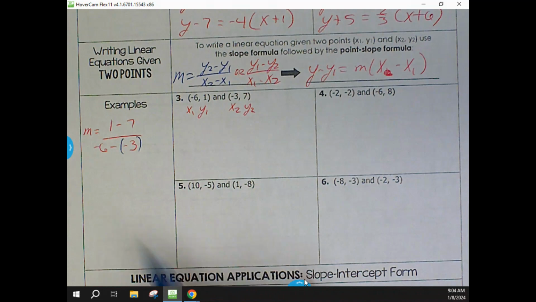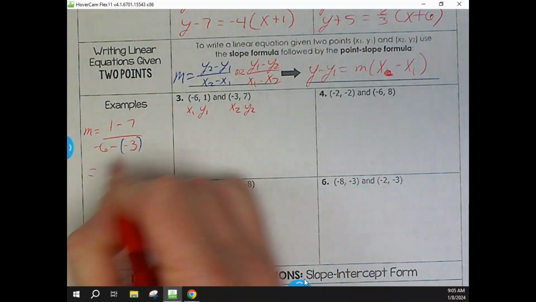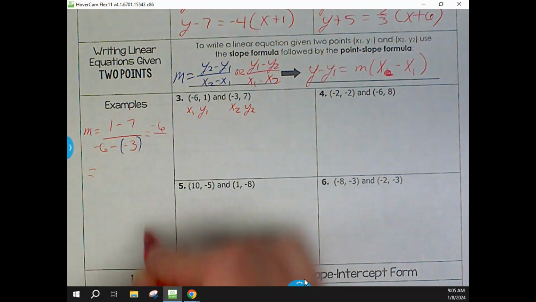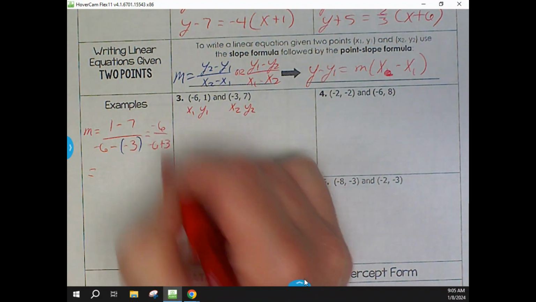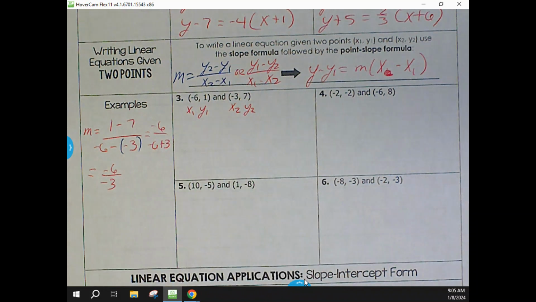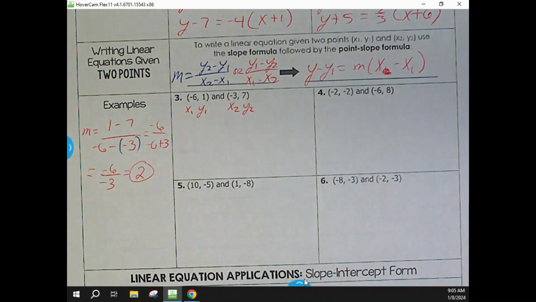And anytime I'm plugging in negative, especially those second numbers, I'm going to put it in parentheses because that's 1 minus 7, which is -6. That's -6 plus 3. So that's -6 over -3, which is just 2 for your m value.